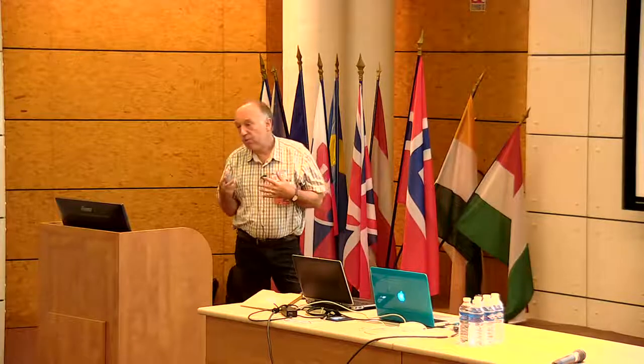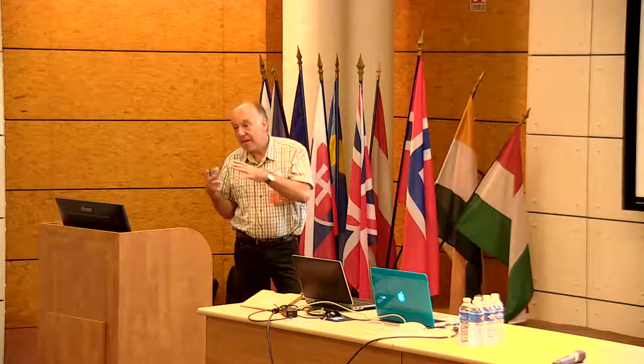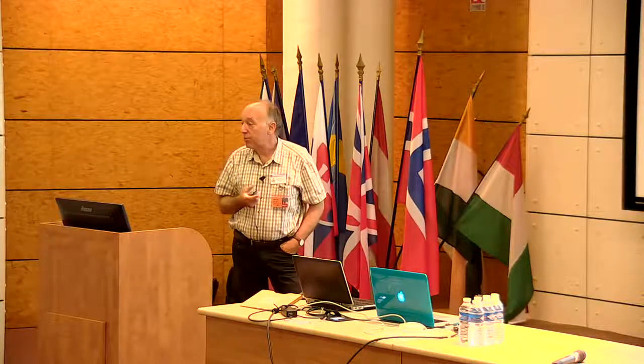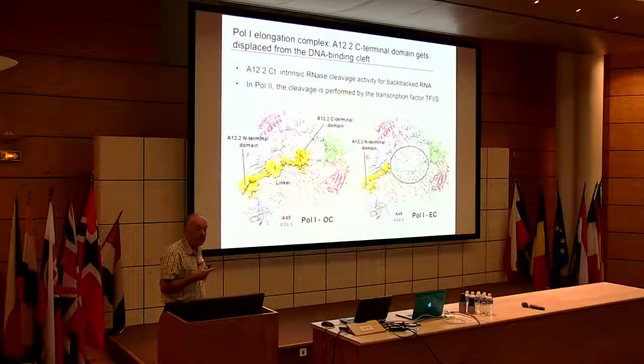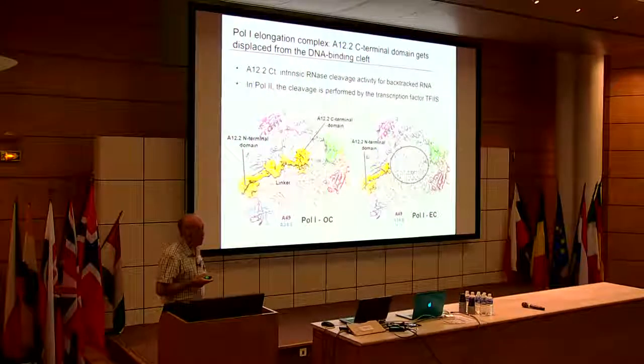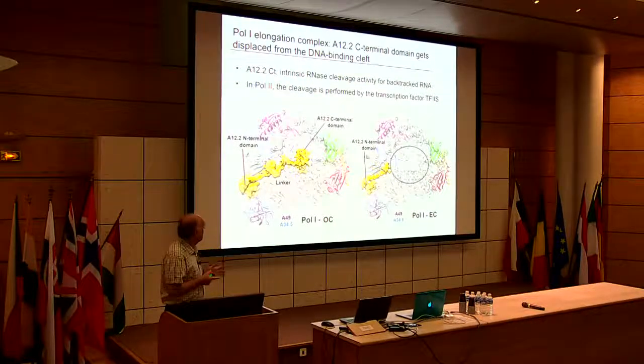And this is important because if Pol 1 backtracks, RNA needs to be cleaved. In the case of RNA polymerase 2, there's an outside factor binding, which is called TFIIS, which binds into the active center. Whereas in Pol 1, this RNase activity is a built-in feature of the RNA polymerase 1. And so we have the C-terminal domain, which binds in the active center.